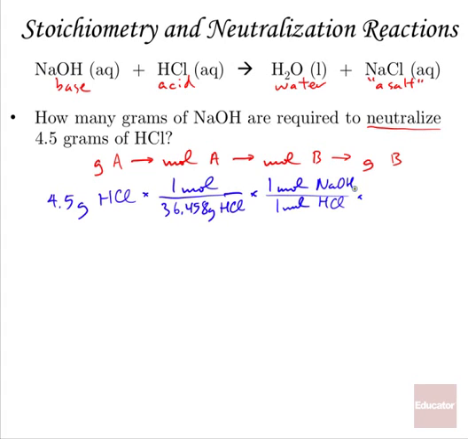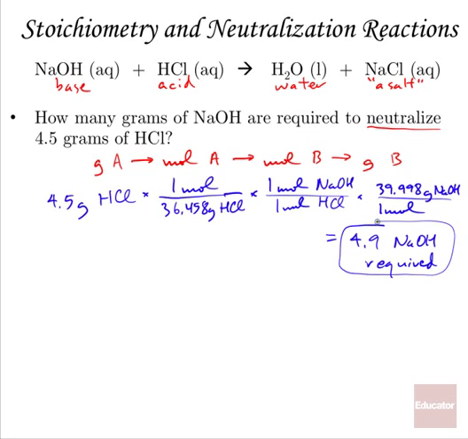And finally, now we're in moles of B, so let's go ahead and move on to grams of B. So that's going to be times 39.998 grams of sodium hydroxide over 1 mole. And so 4.9 grams of sodium hydroxide are required to neutralize the indicated amount of hydrochloric acid.